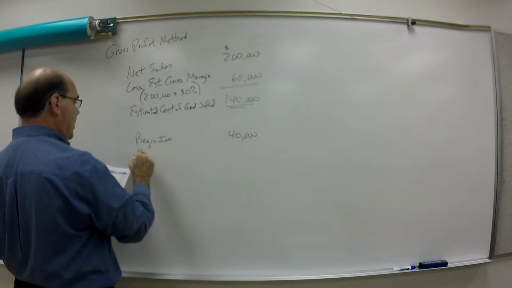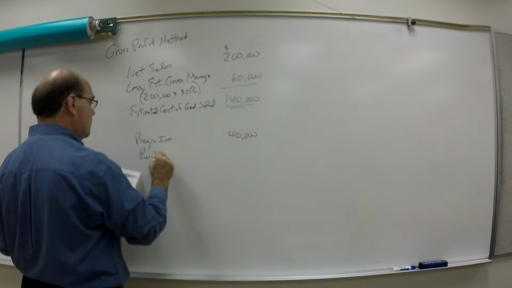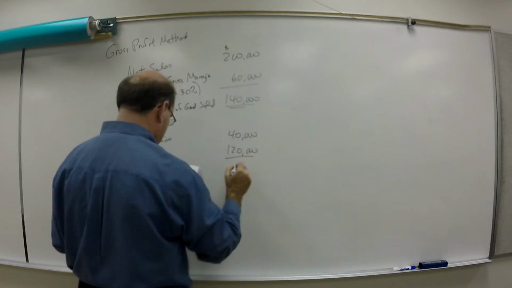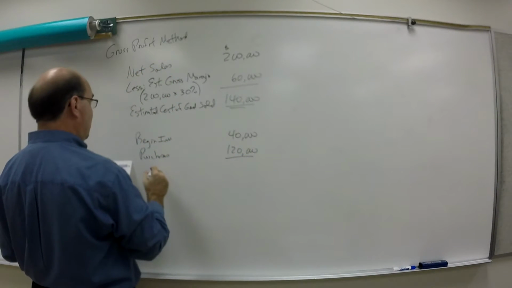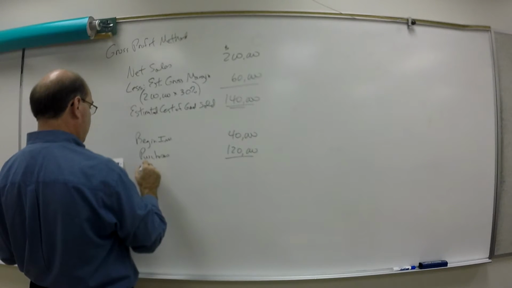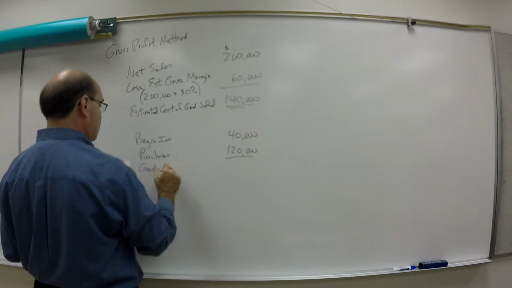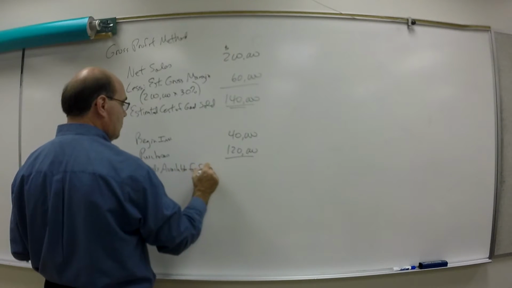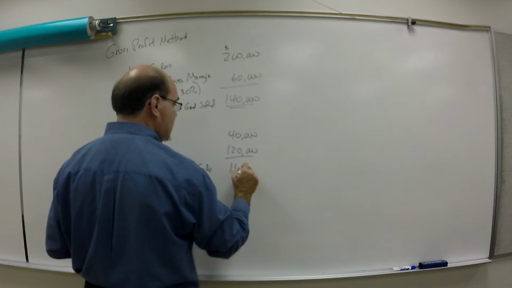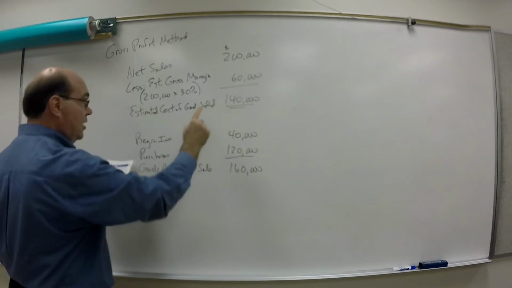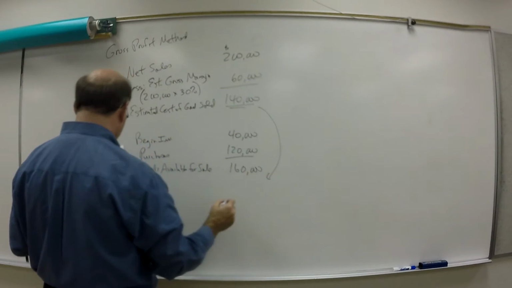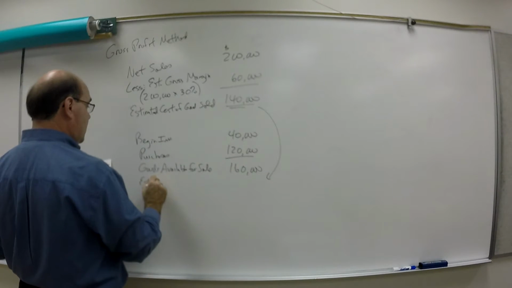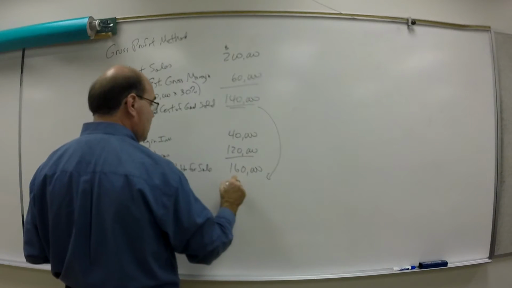We go through and we add in our purchases. That was 120. So that's our goods available for sale. So that was 160. And then if we think that we sold approximately 140, that was our estimated cost of goods sold.